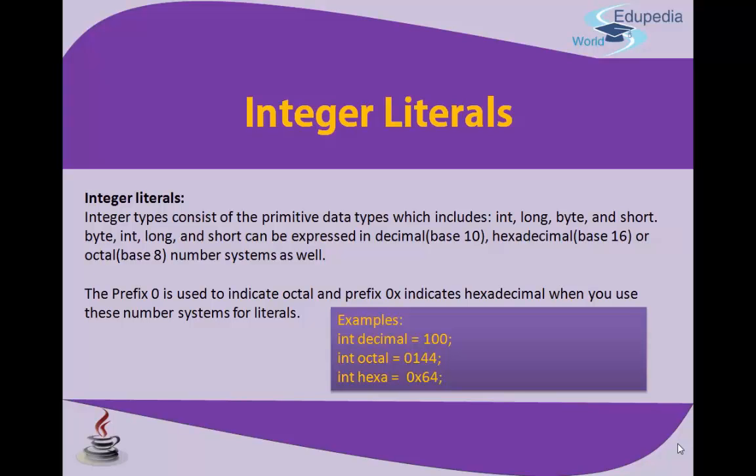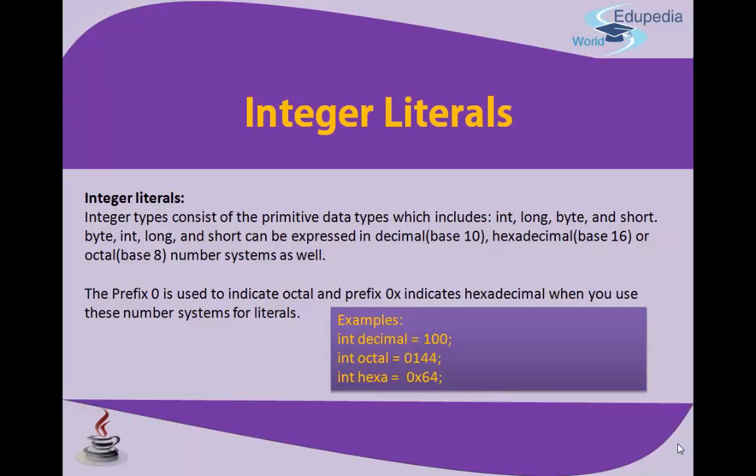In this connection, integer types consist of the primitive data types, which include int, long, byte and short. Byte, int, long and short can be expressed in decimal base 10, hexadecimal base 16 or octal base 8 number systems as well.